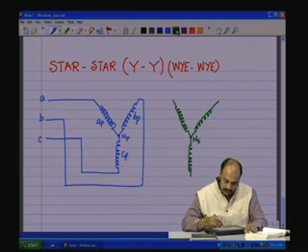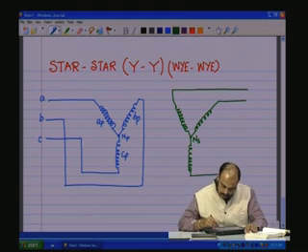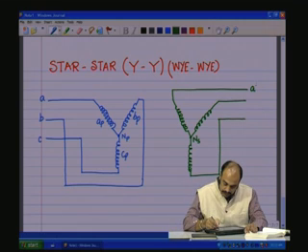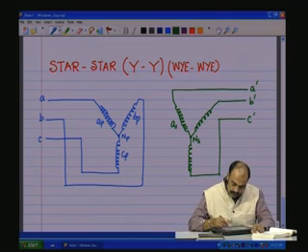Likewise, on the secondary side, you have the A, you have the B, and you have the C as shown here. So, you have the A prime, the B prime, and the C prime. So, this is the AS coil, the BS coil, the CS coil.